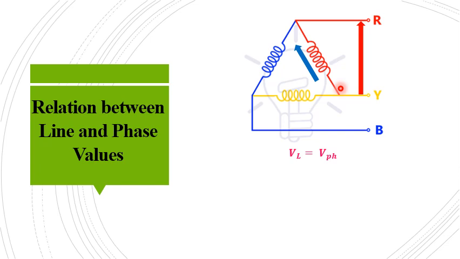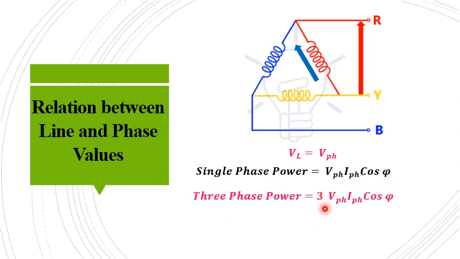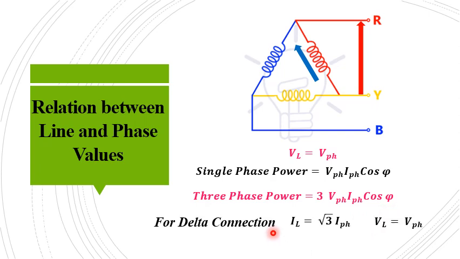Now let's see the power consumed in a delta connected system. The single phase power is equal to V phase I phase cos phi. So the three phase power will be equal to 3 times V phase I phase cos phi. Here in the delta connected system, we have IL equal to root 3 I phase and VL equal to V phase.